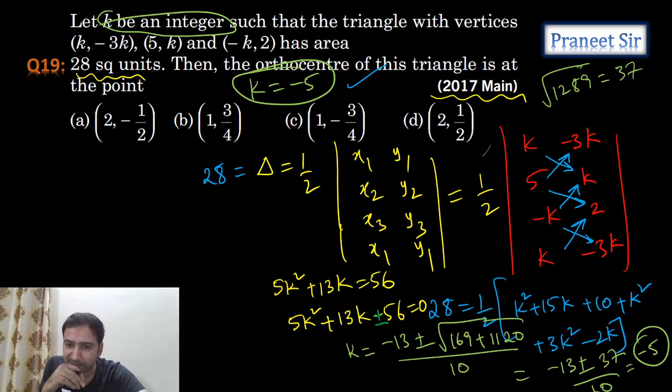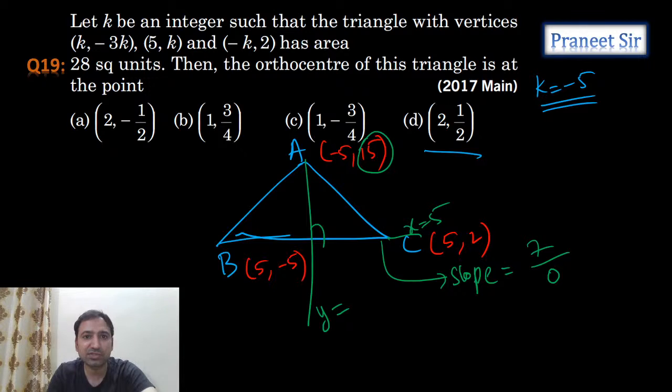So if you solve it, if you take plus, already we have taken minus 56, so minus 56 is not possible. If I take plus 56, we're getting a negative under the root, that is also not possible. So minus 5 should be correct only. So k equals minus 5 should be correct only, guys.